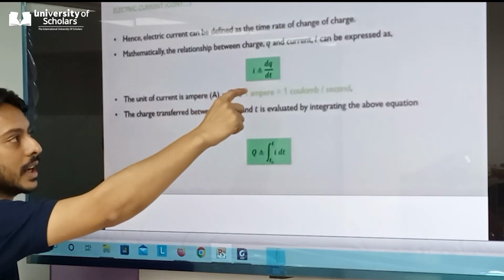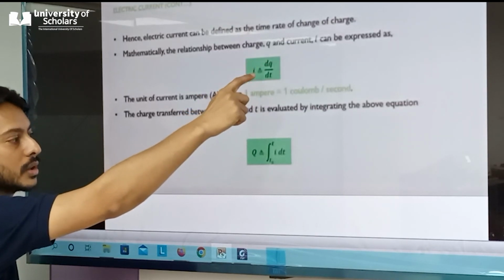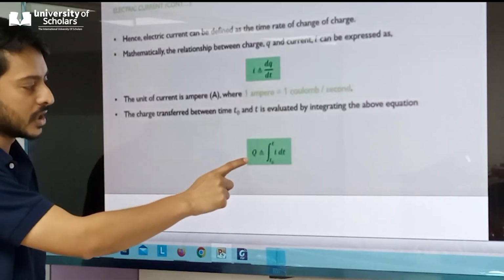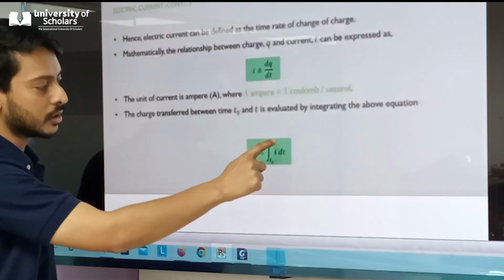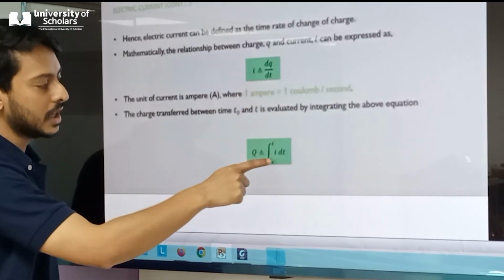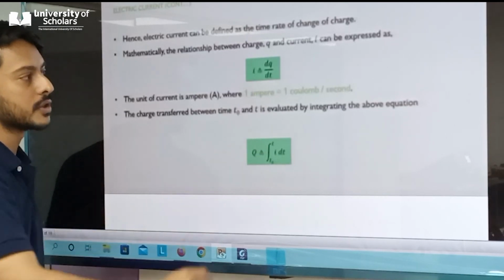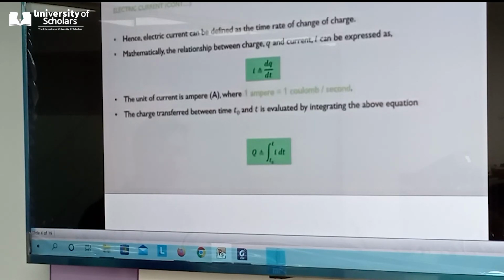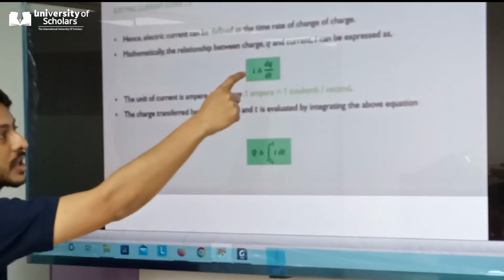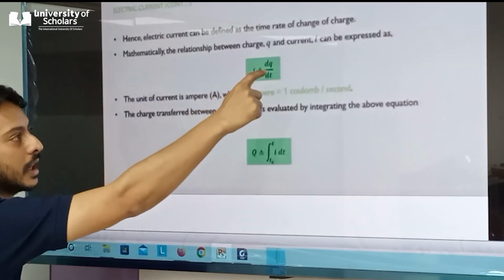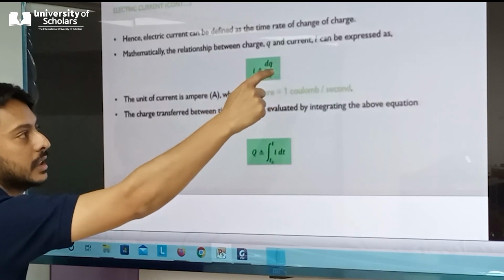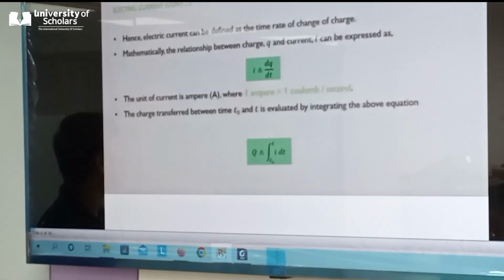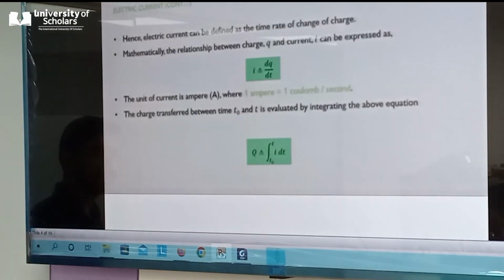So if you integrate both sides with respect to time, you will get charge. Integrate from t0 to t, and then you will get the total amount of charge. You have to integrate both sides, this side dt and this side dt, and here dt will cancel. The integration of dq is your total charge present.